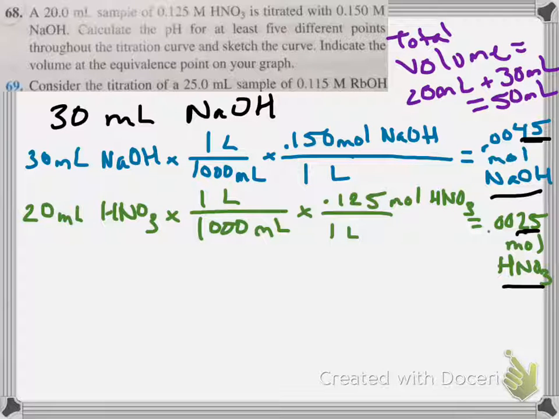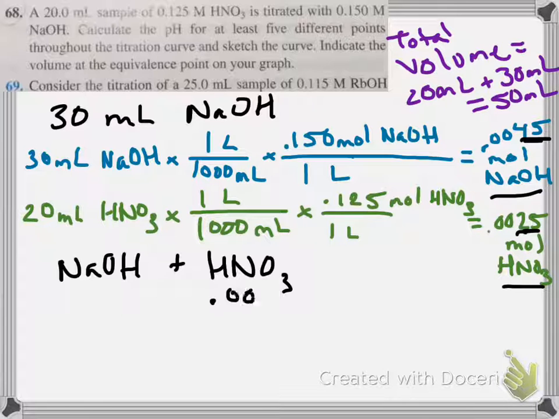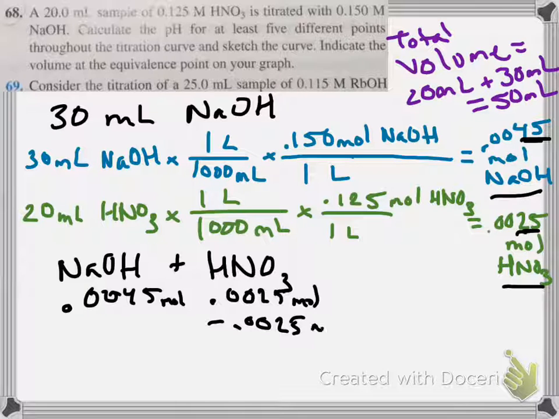So I'm going to have sodium hydroxide and nitric acid. And I have 0.0025 and 0.0045, and this is in moles, and 0.0025 is going to react.